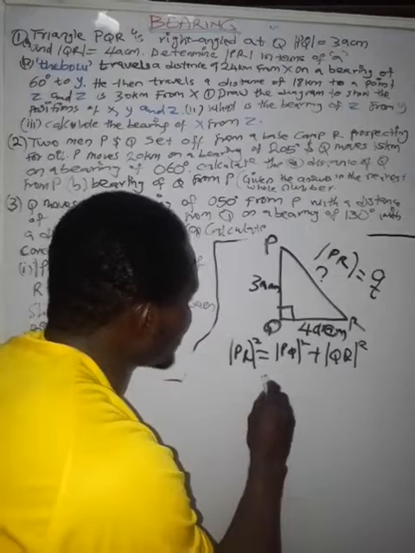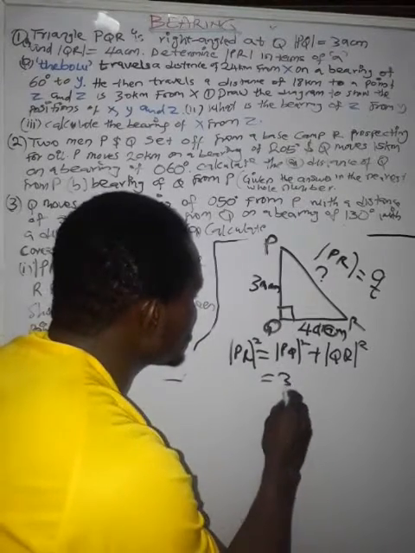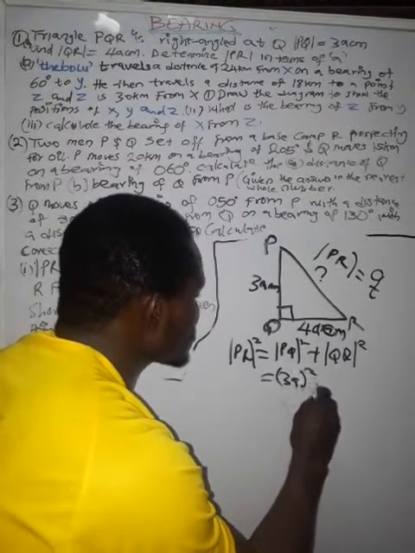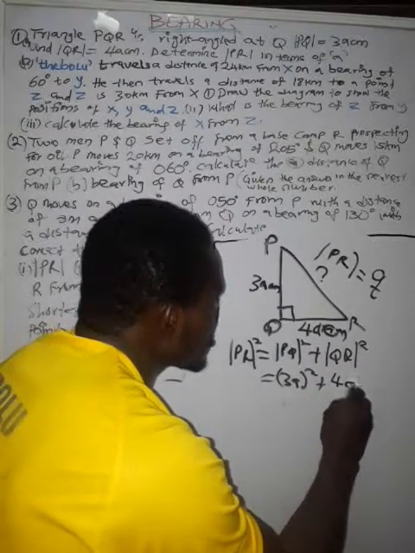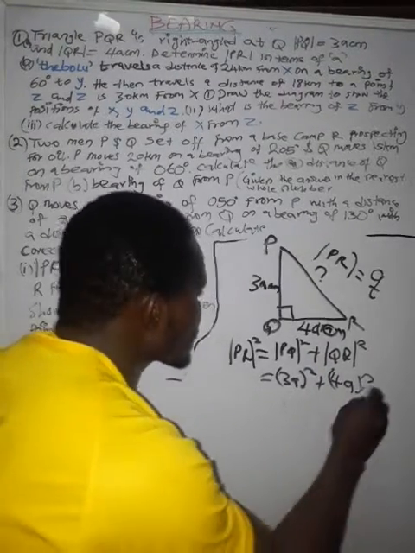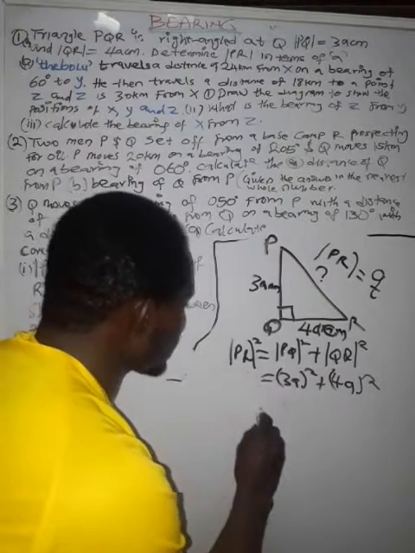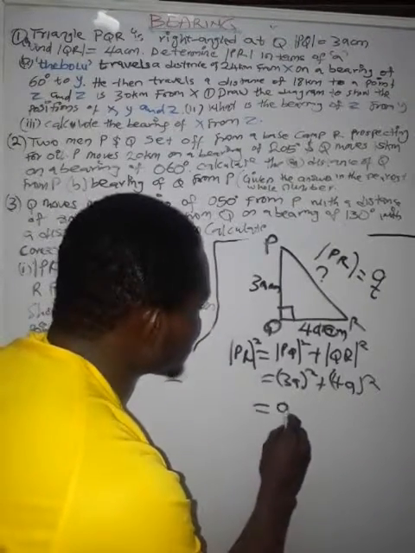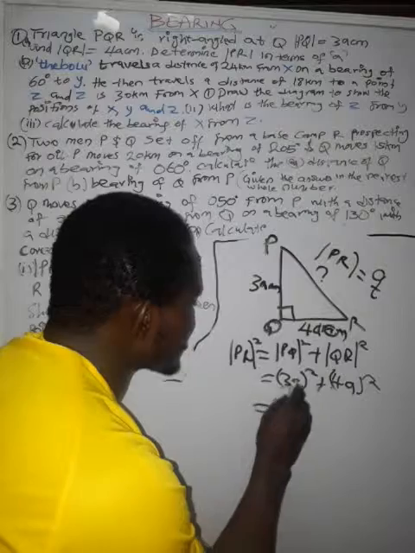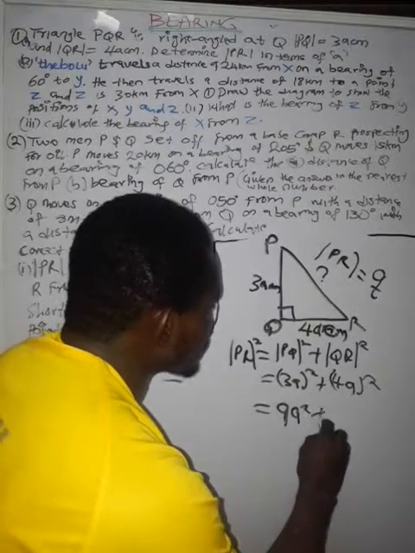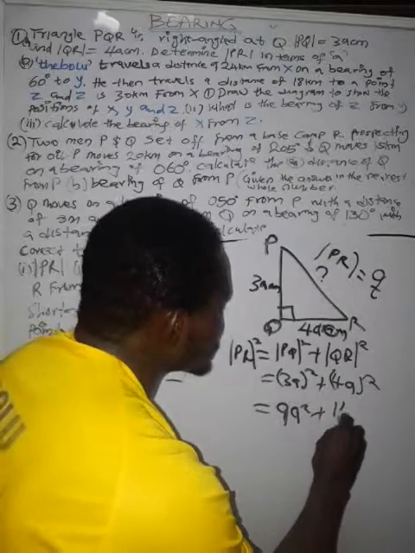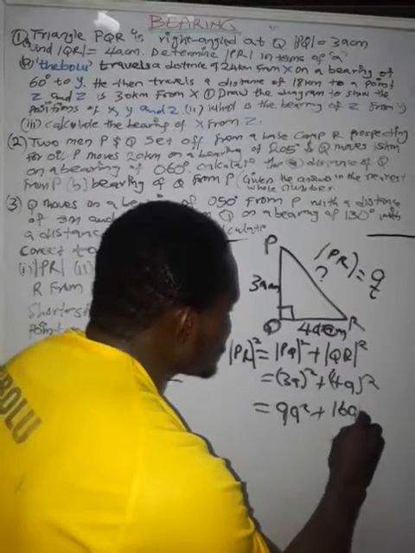So I'll substitute their values. PQ is 3a all square, then plus QR is 4a all square. So I'll be having 9a square, that is 3 times 3 is 9, plus 4 times 4, 16a square.